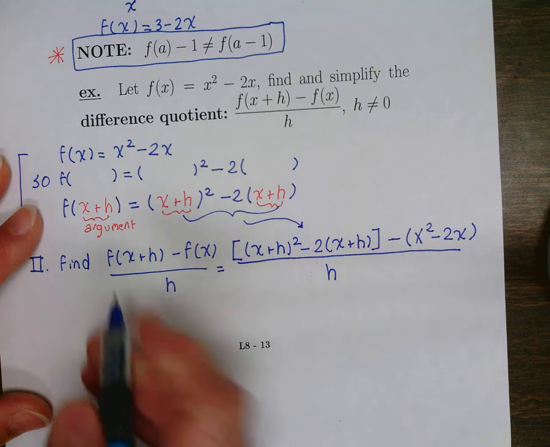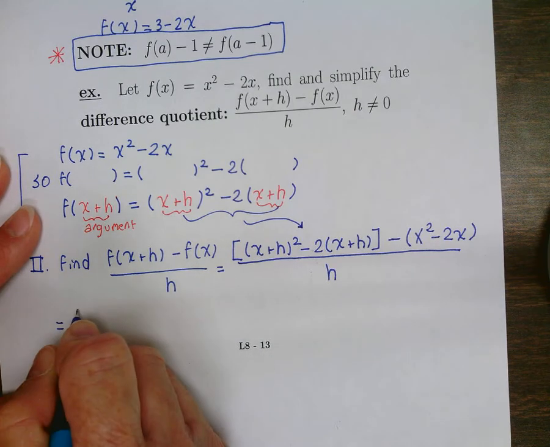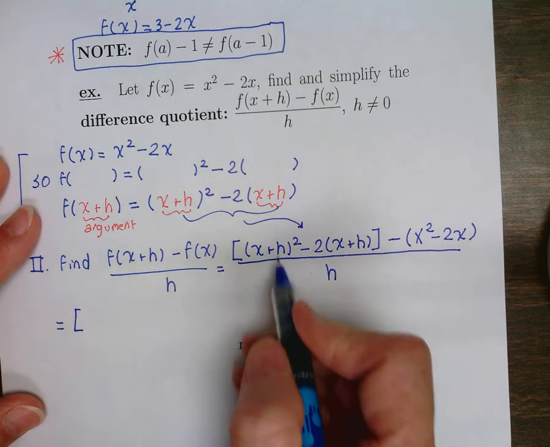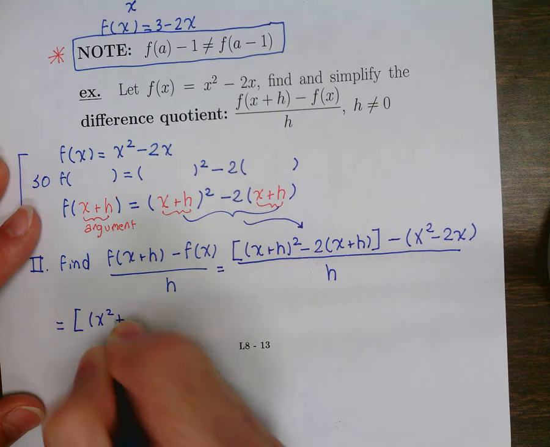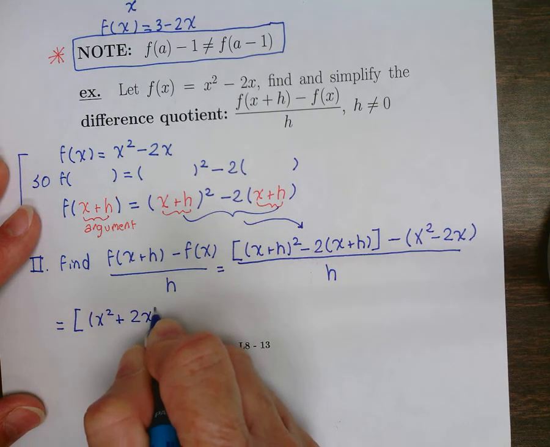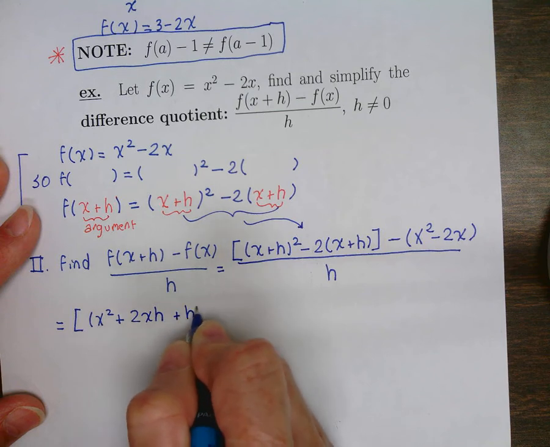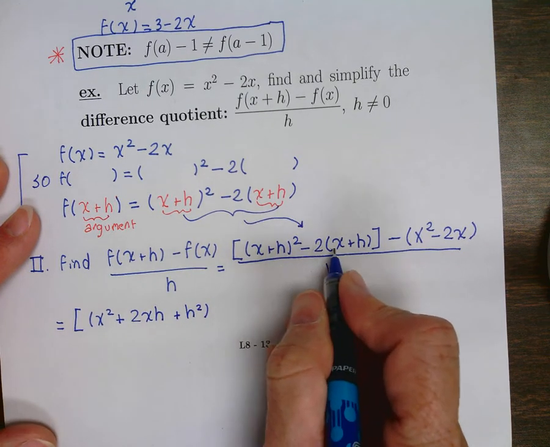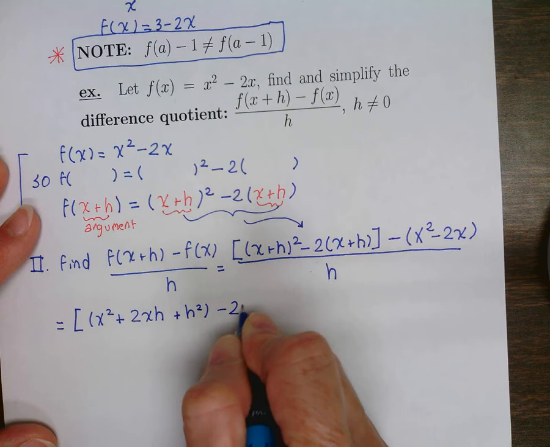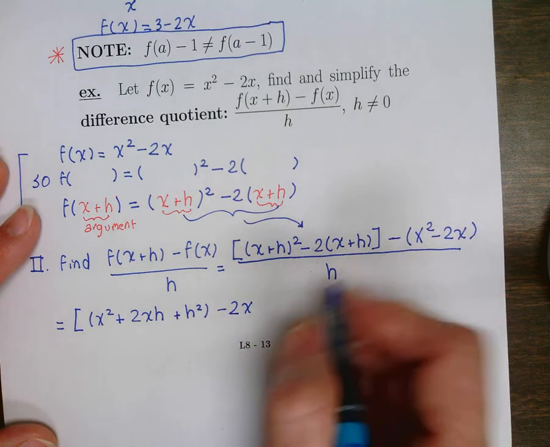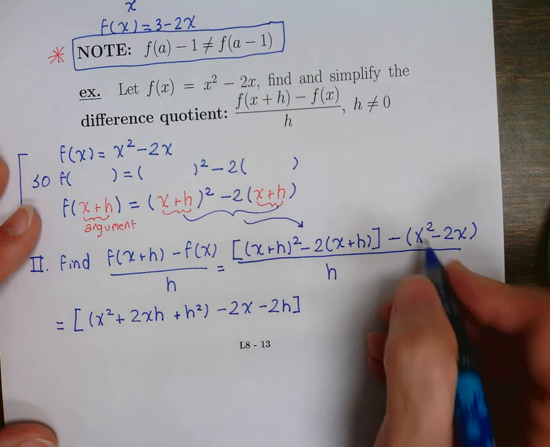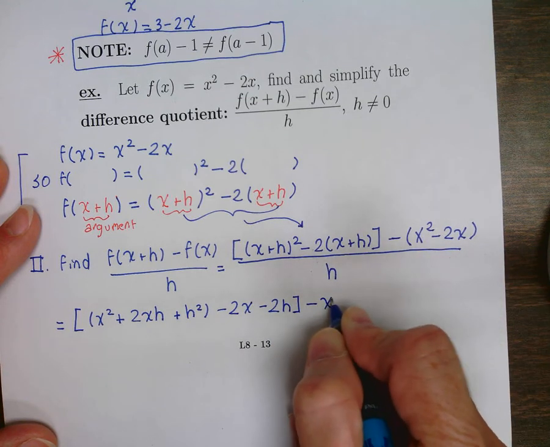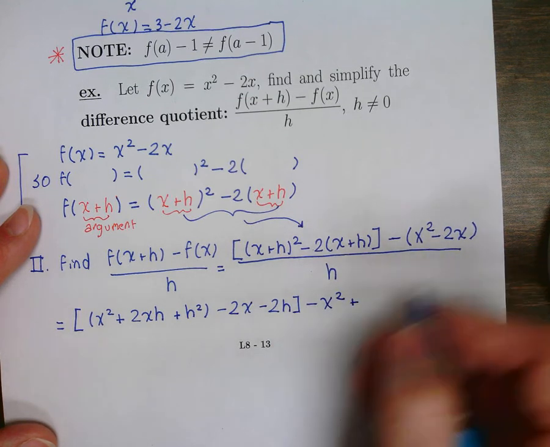Okay, now the rest is just algebra. Okay, remember that when we square a quantity, we're going to have a middle term using our special product. Okay, and I can distribute minus 2h, and here I can distribute that minus x squared plus 2x.